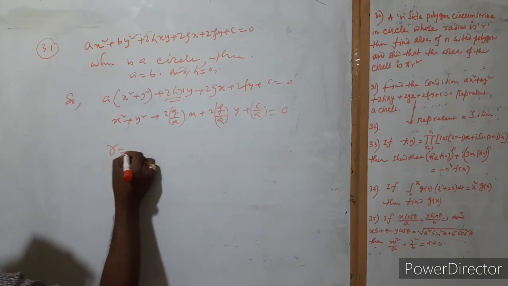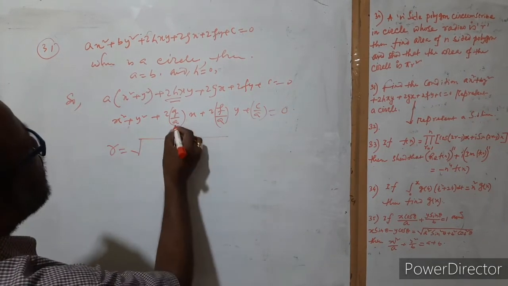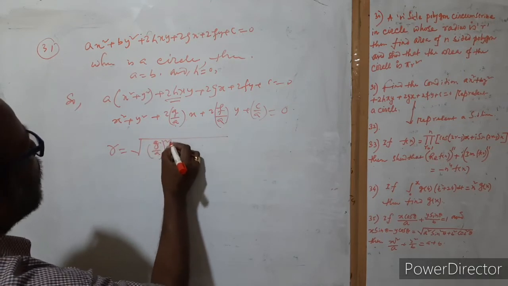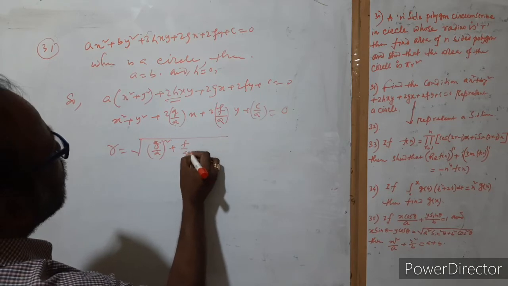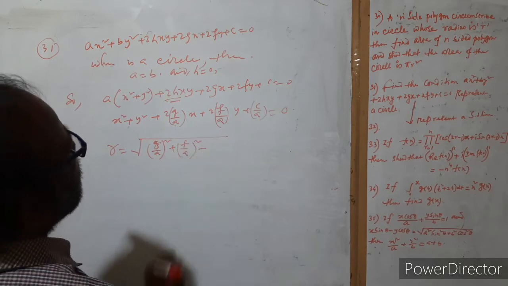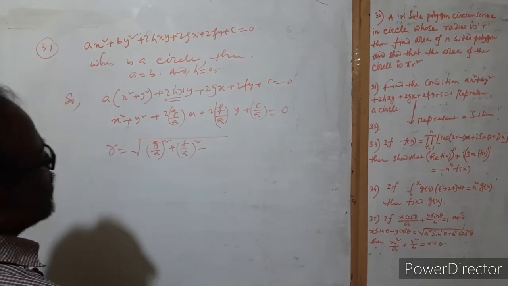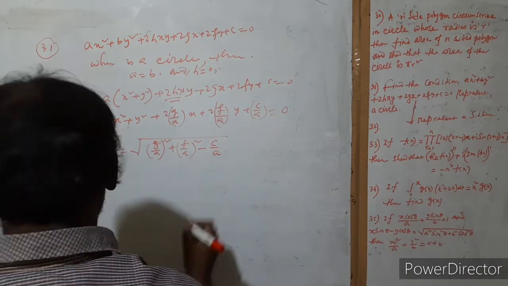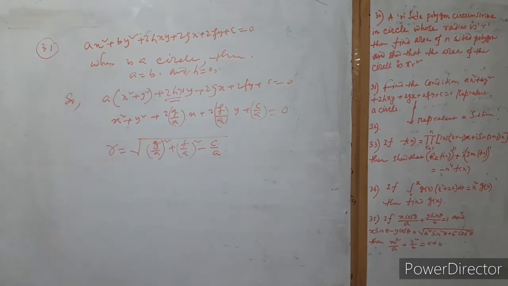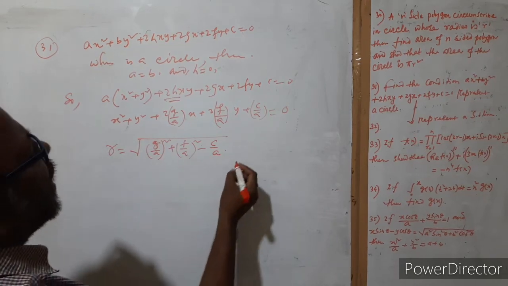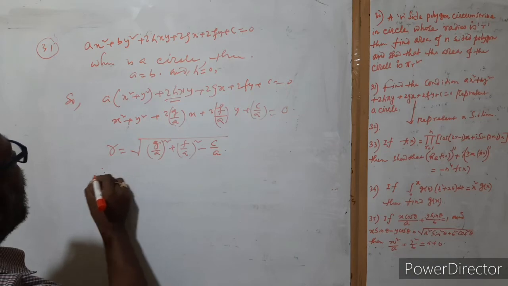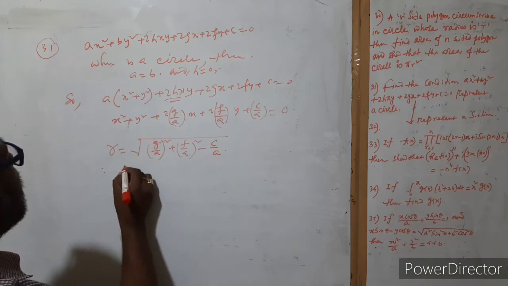Now the radius r is equal to root over (g/a)² + (f/a)² minus c/a. Therefore it is a circle.